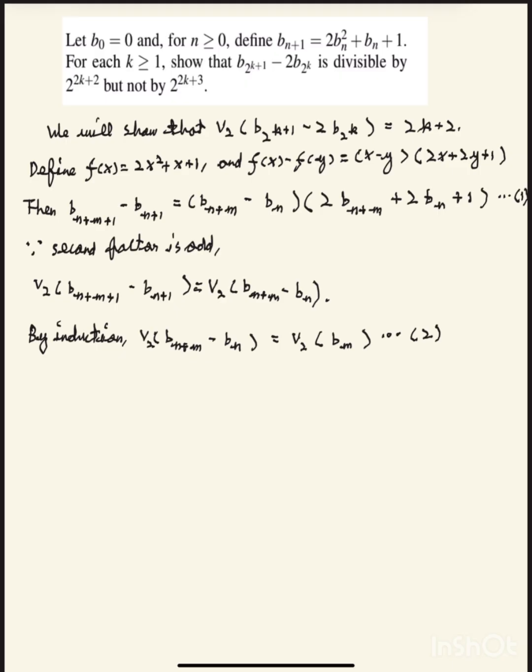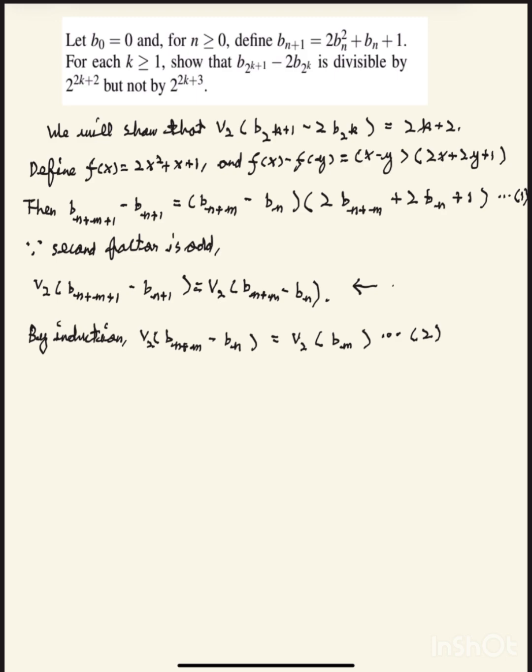Okay, now why is this? So I will sketch out the induction very quickly. Just a quick sketch. So the base case is clear. We let n equal 0 in this equation, and we get v2 of b_m on our right-hand side.